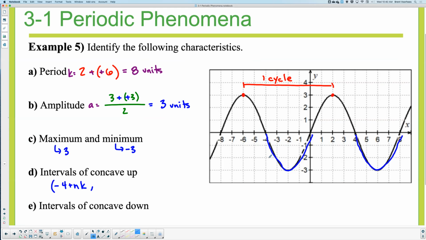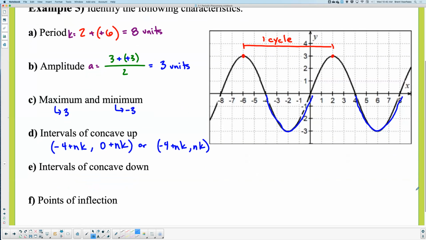And how long does it continue to increase? Until 0. Here it starts to become concave down. You would do 0 plus nK if you wanted to simplify. What is 0 plus nK? nK. You could just write it as nK. With intervals, you use parentheses, not brackets.